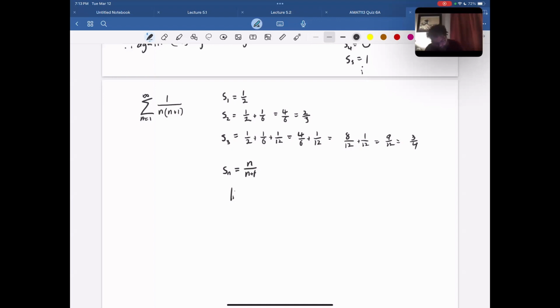Now, if we take the limit of this, right, we get exactly, right, the infinite sum.